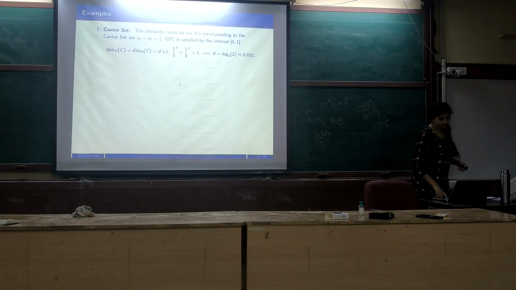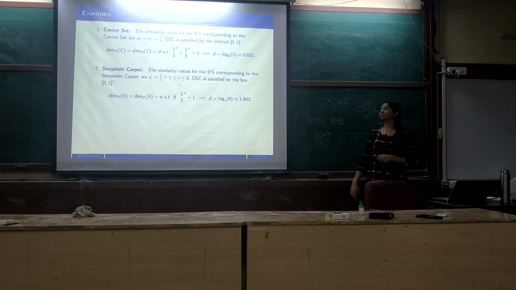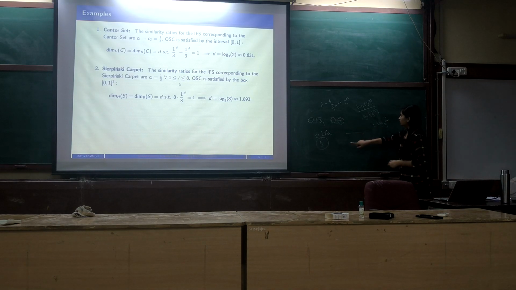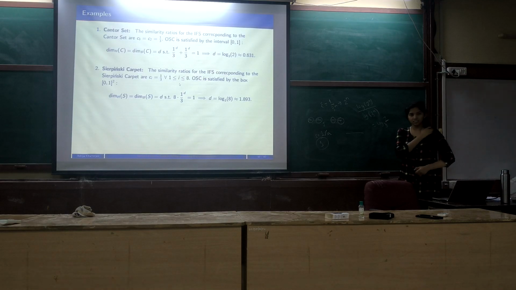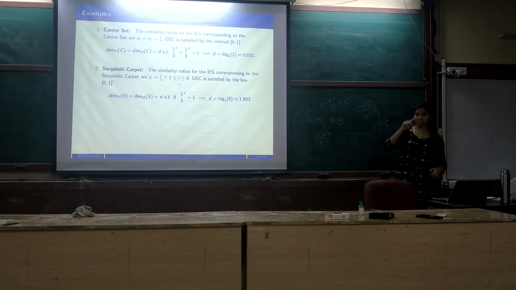Next you have the Sierpiński carpet, where you divide your square into 8 subsquares, and all of these subsquares have length 1/3 of the original length. So your similarity ratio is 1/3, and the number of sets you get at each iteration is 8.